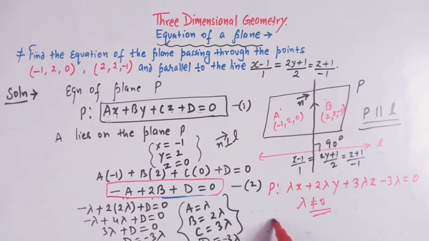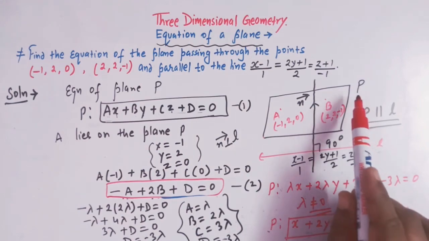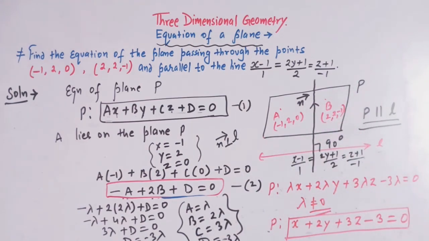And now the equation of this plane P looks like x plus 2y plus 3z minus 3 is equal to 0, right? So this is the Cartesian equation of this plane P, right? We can also write this equation as x plus 2y plus 3z is equal to 3, right?